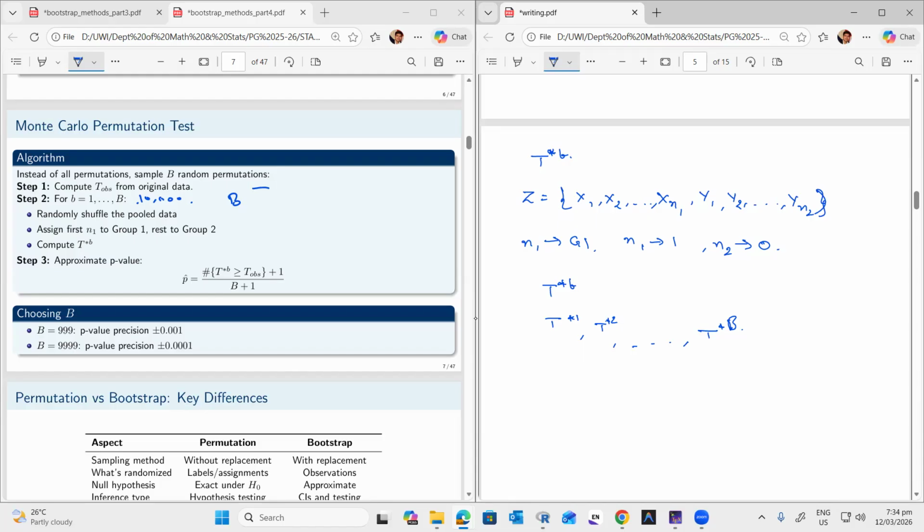After that we choose B. When B equals 99, the p-value precision is plus or minus 0.001, and if you take more replications, the p-value precision is plus or minus 0.0001.